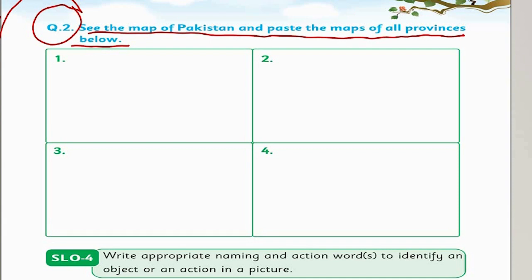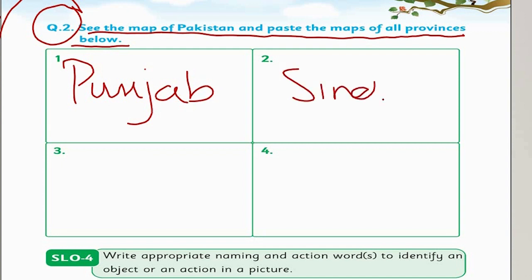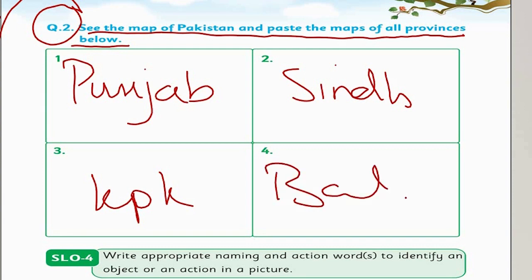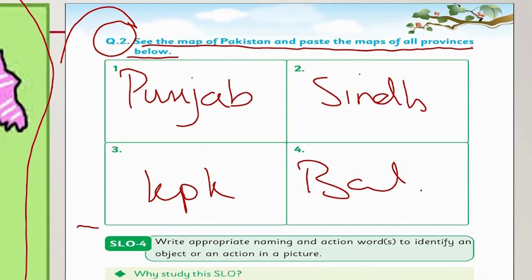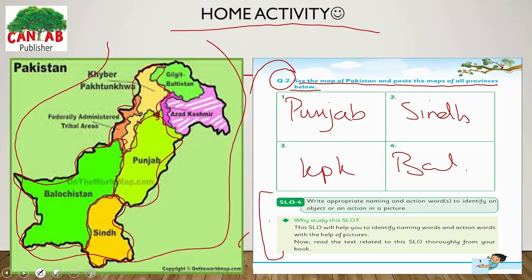Make sure that you take help or guidance from an adult. And then you have to cut each part very carefully and paste them here. You can paste Punjab, Sindh, KPK, and then Balochistan here. This part of the SLO is for lesson number 4, which will continue next time.